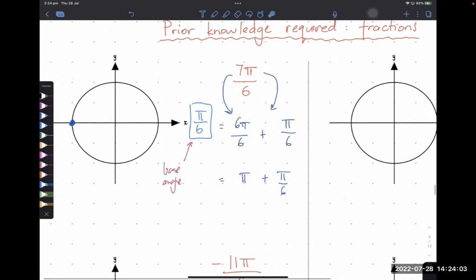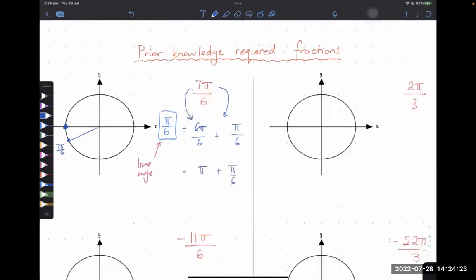If you're only sharing it amongst 3 people, each person is going to get a huge slice. Does that make sense? Yes, sir. Excellent. So we're going to add on, and it seems that this section here is where 7 pi on 6 is. So you draw a line, and then you write your angle, 7 pi on 6.